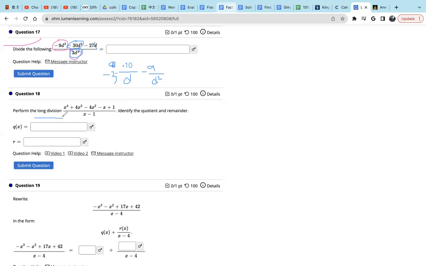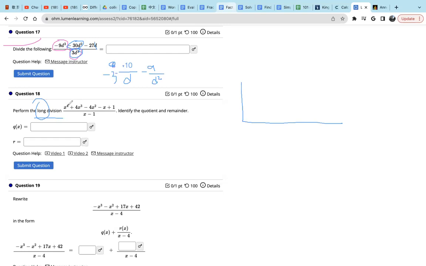This says perform long division again. Well, I want to show you short division for this one because I showed you one long division already. Short division is much easier, right? Even though this says perform a long division, you don't really have to because we have a short division. In short division, we line up the terms by order.